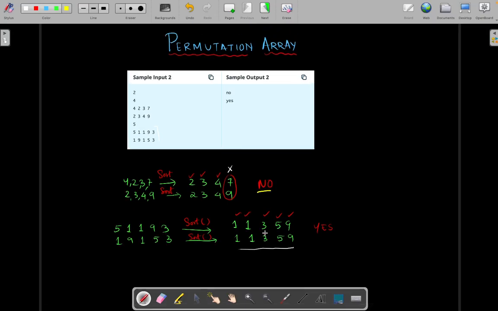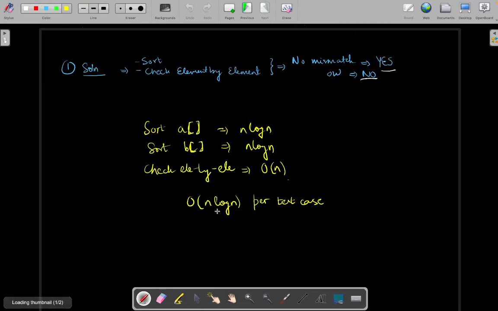Okay. And that will exactly be our algorithm to determine if two arrays are permutations of each other or not. So what we will essentially do in the optimal approach is we sort both of them. Each will cost n log n, and then we simply check element by element.